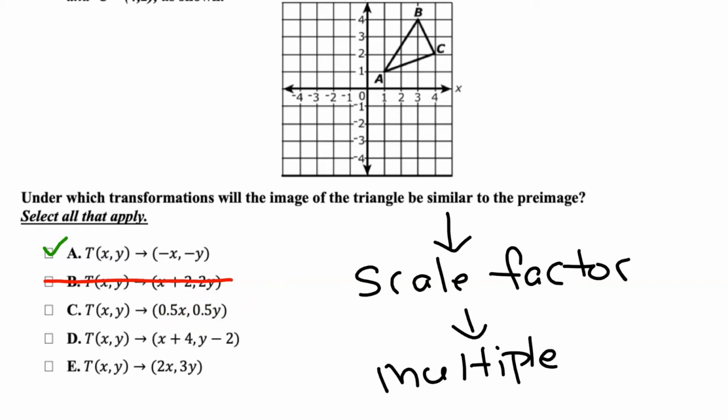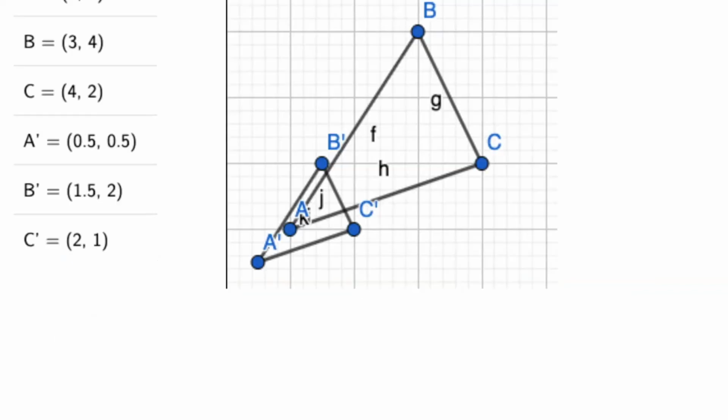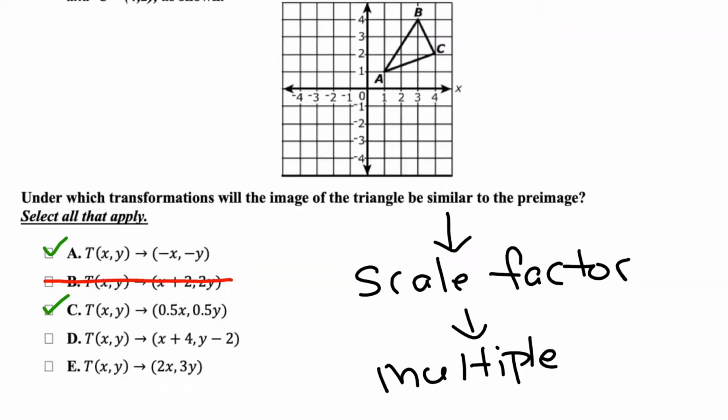Okay, in part C, it looks like I'm multiplying x by 0.5 and I'm multiplying y by 0.5, which follows our rule of the scale factor with the same multiple, and that's what this looks like. Okay, I took half of all the points, I still get similar triangles. In part D, I add 4 and subtract 2. That doesn't give me similar figures.